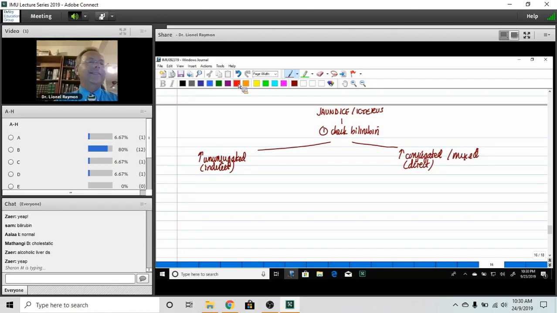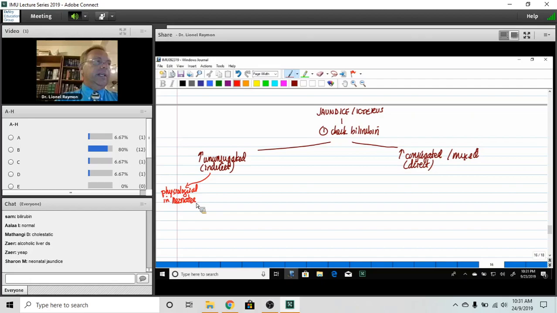Well, first, maybe give me one that's physiological. That's right, Sharon. In neonates, particularly the more premature they are, because they don't express UDP glucuronidase well, but that's physiological.